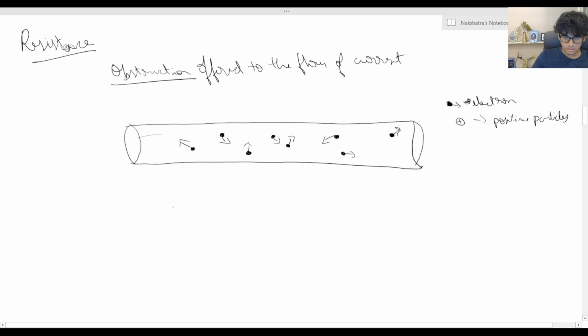So eventually you can say that no current is flowing, even though we've said before that current is the movement of charge. These electrons are moving, so there should be current. We don't consider there to be any current because they're moving randomly, so technically all of these cancel each other out, and we don't consider it as any substantial current that is flowing. So this is what happens when the copper wire is just left.